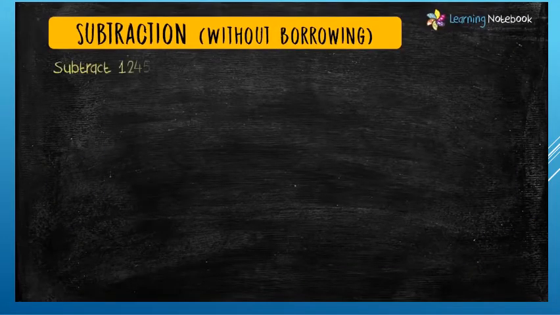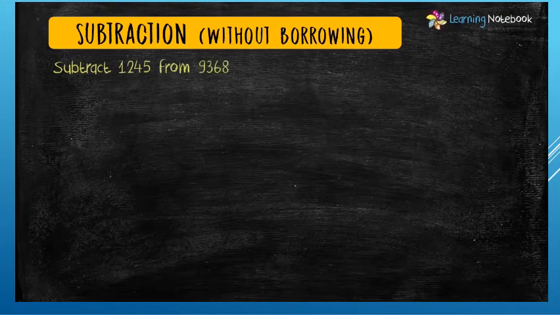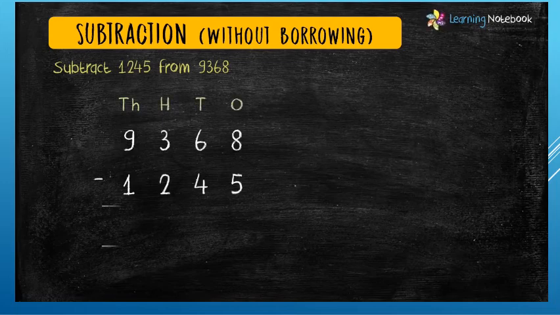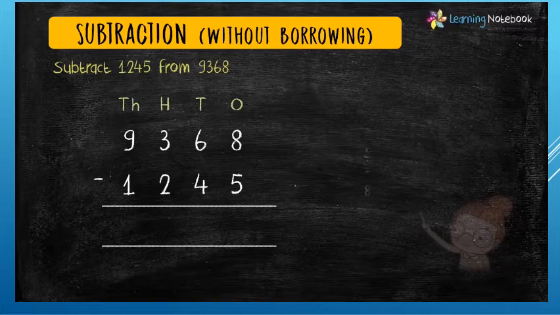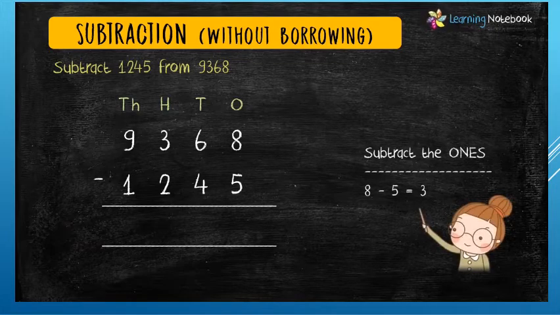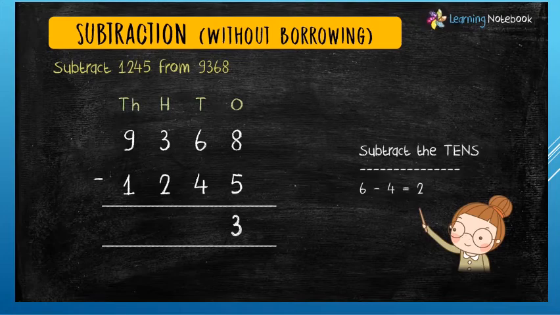Question is, subtract 1,245 from 9,368. To subtract these 4-digit numbers, let's write them in columns. Now, first subtract the digits at ones place. 8 minus 5 equals to 3. Next, subtract the digits at tens place. 6 minus 4 equals to 2.